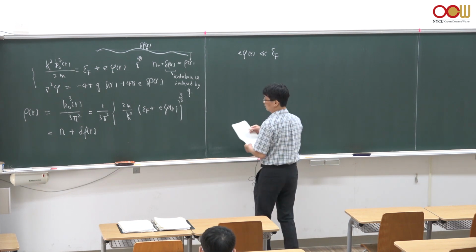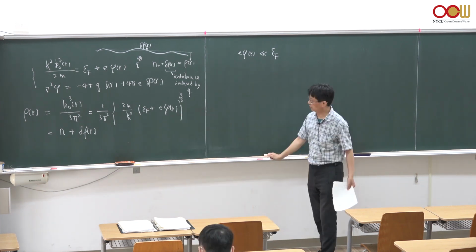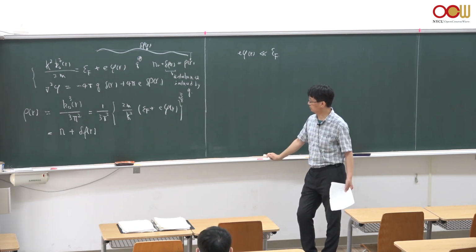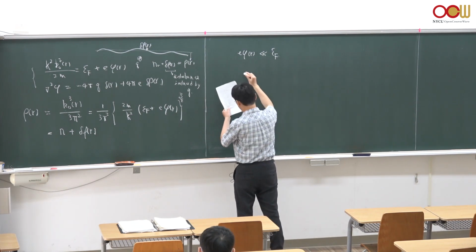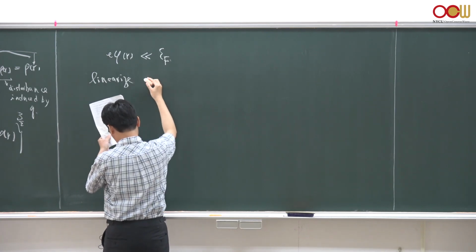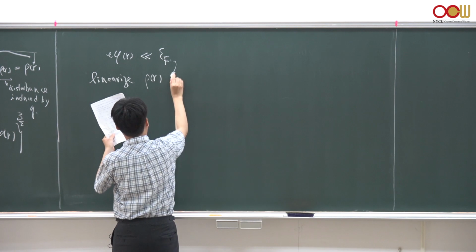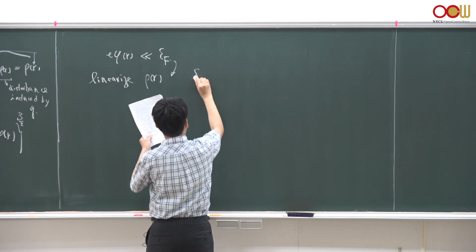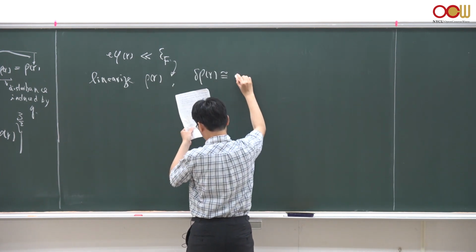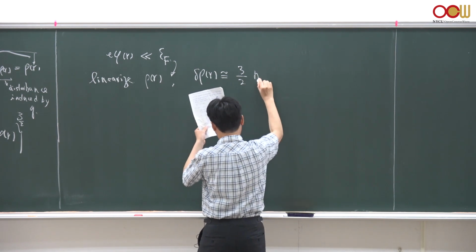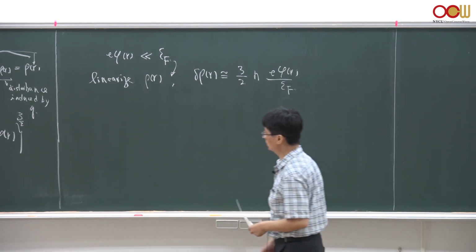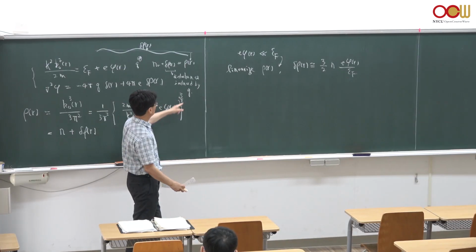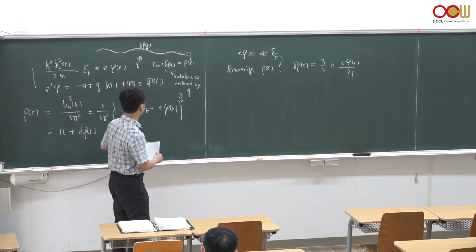So we could simply Taylor expand this epsilon f plus e psi to some power. We could linearize this rho of r under such an assumption, so that delta rho is approximately given by this linearized form. You can Taylor expand this by assuming that this epsilon f is large enough.